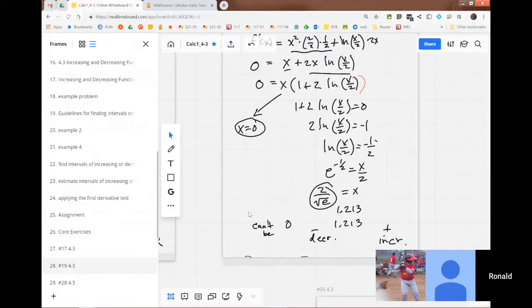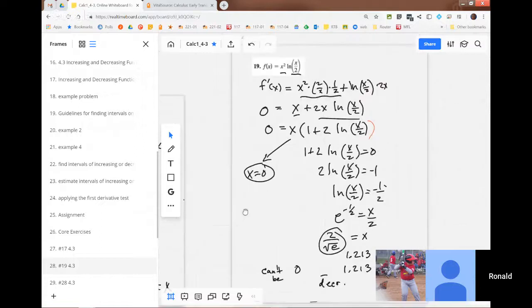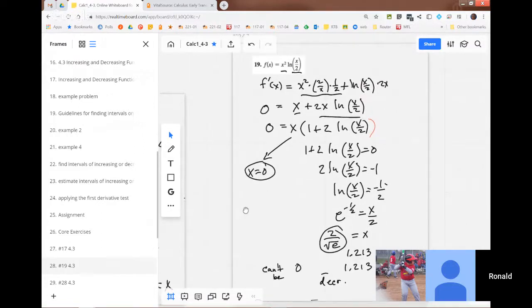So what's to the left of 0? Negative. And I said can't be. Why did I say that? Because you can't take the natural log of a negative number. You can see in the original function, if I had like a negative 1, for example, that's the natural log of negative 1.